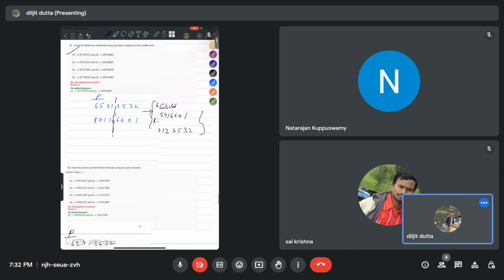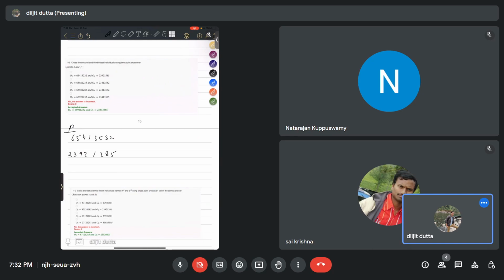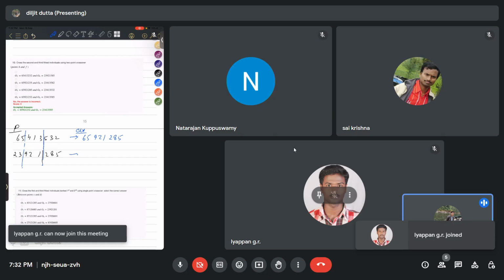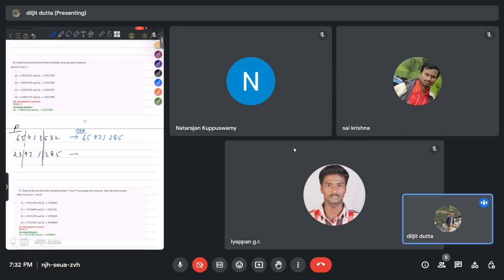So one crossover site will be third from the last, and the other crossover site will be the second from the first.